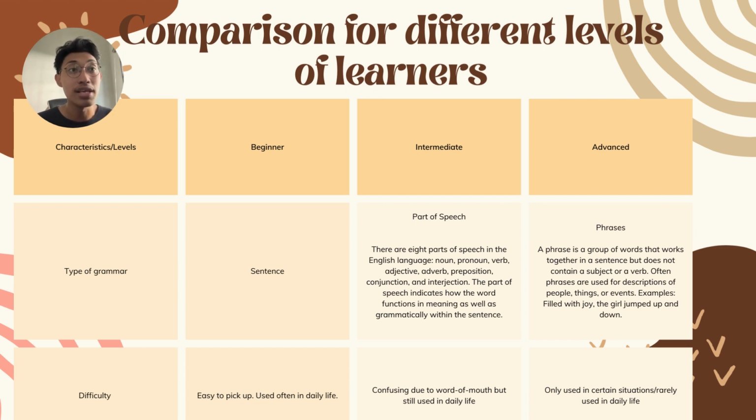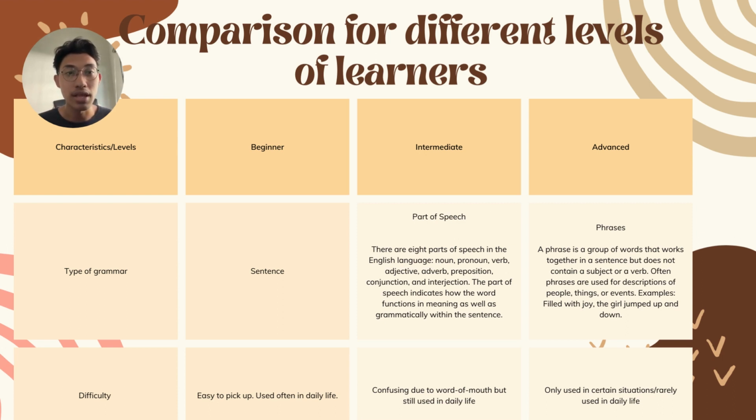And the last part is the advanced level, which is only used in certain situations and rarely used in daily life. For example, a phrase. A phrase is a group of words that works together in a sentence, and often it is used to describe people, things, or maybe events.